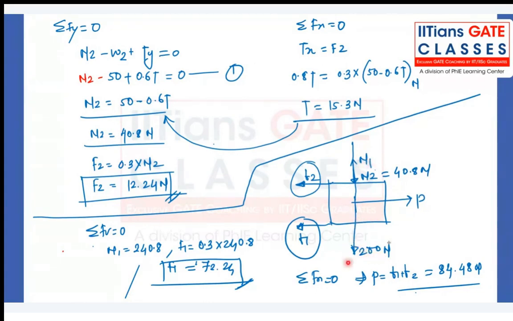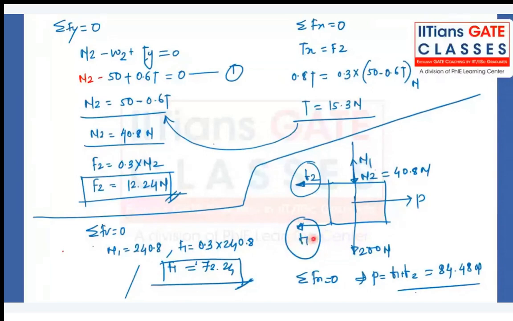P is also given to you, already given in the figure. So if the block is moving in the outward direction, the frictional forces will be in the leftward direction, and that's why F1 and F2 are in the opposite direction to it. Shrujana, is it clear to you? It's okay.